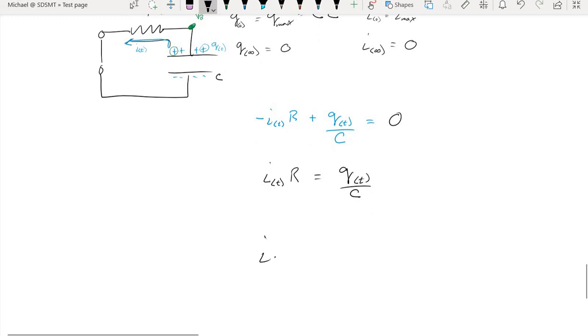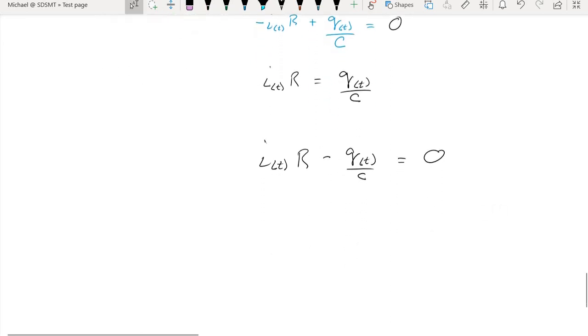Now, I'm going to go ahead and rearrange this equation slightly. I'll bring the charge term over, set that equal to 0. And that's because we need to rewrite the current as a time-dependent function of Q. Current is the derivative of charge with respect to time.